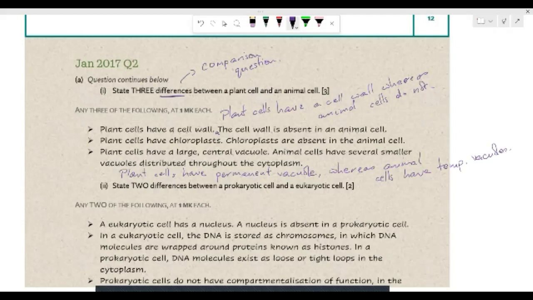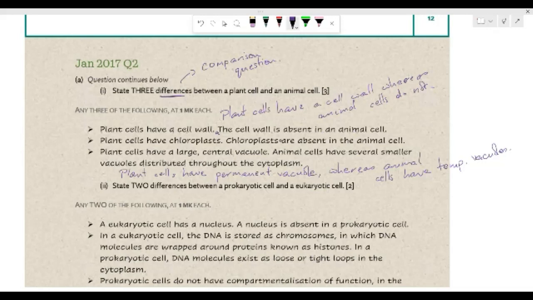All right, so that's another point of comparison, all right? In animal cells, the vacuoles show up as per needed, right? According to the need, okay?